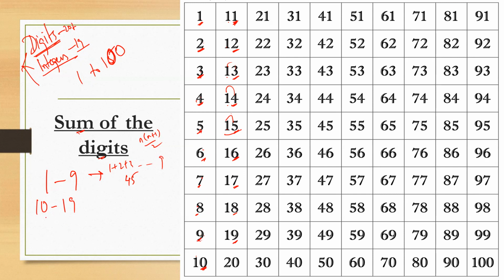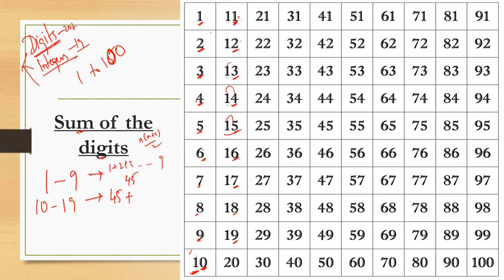So when we go from 10 till 19, the digits in the units place, if I add them up, will be the same as above, 1 plus 2 plus 3 till 9. That is 45. Now what is different here is in the tens place, you have an additional one.